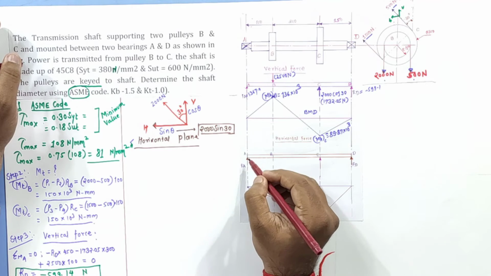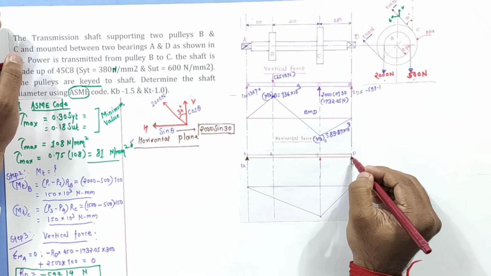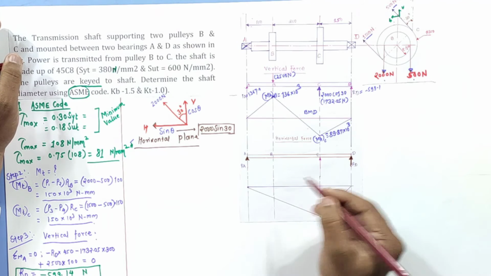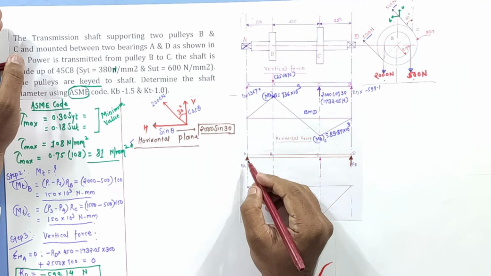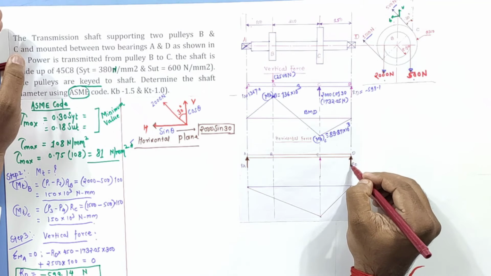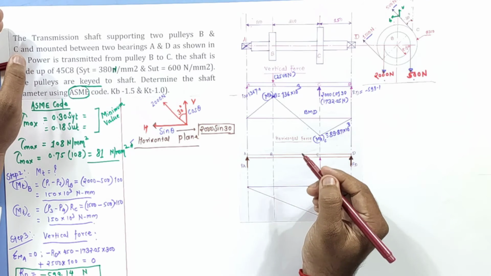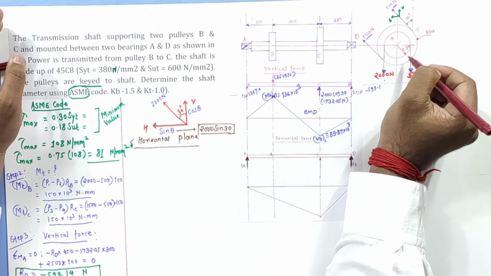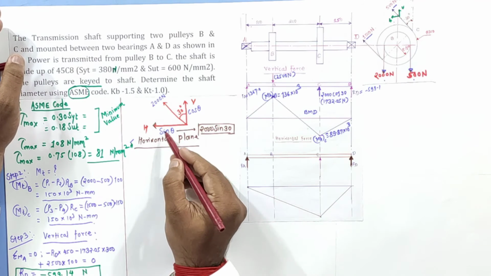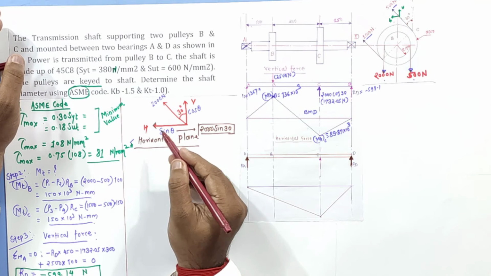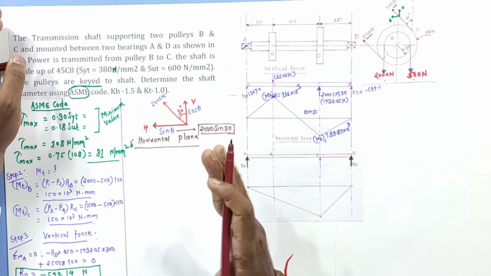So see here, bearing at A and bearing at D, RA and RD are situated. B and C are pulleys. Now reaction forces always act opposite. So the horizontal force is only one, which is situated at the bigger pulley. The bigger pulley, what does it indicate? It is inclined. So that horizontal force is situated over here, and I can consider the downward side or upward side, no matter.